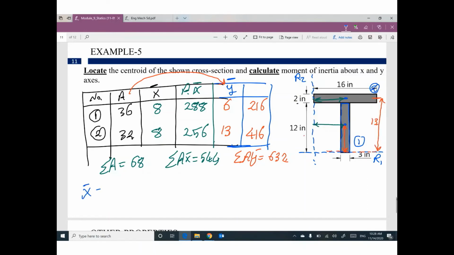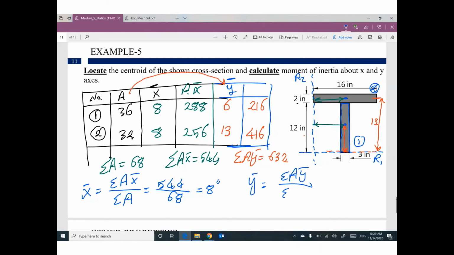Finally, I can figure out the centroid. X bar for the centroid equals summation area x bar divided by summation area. 544 divided by 68. How much? 8 inch. Y bar equals summation area y bar divided by summation area, equal to 632 divided by 68. This number will be 9.3.